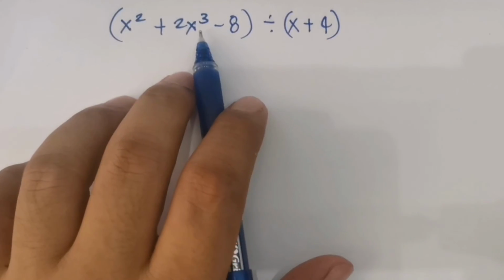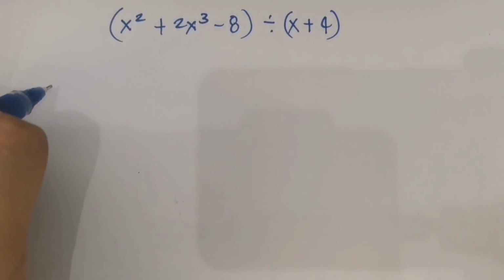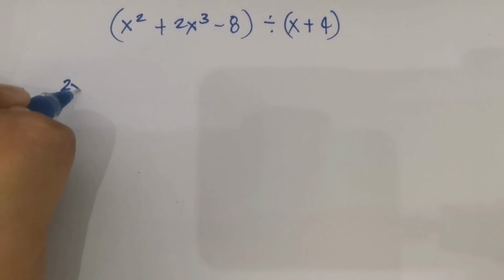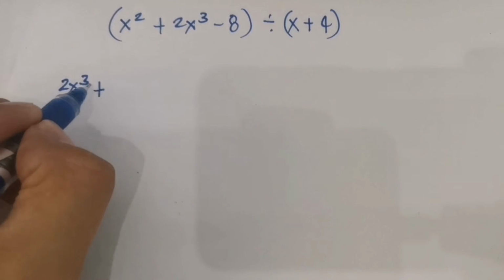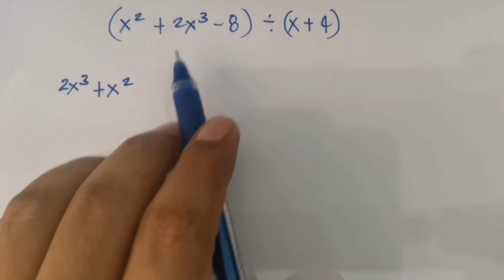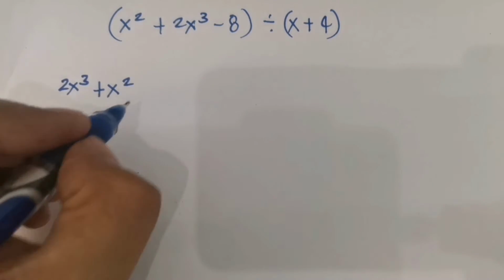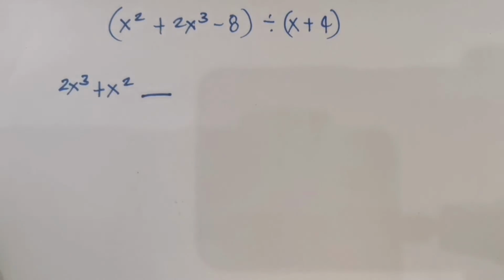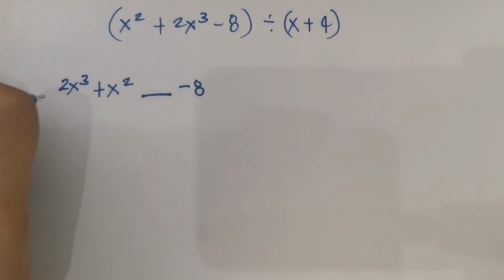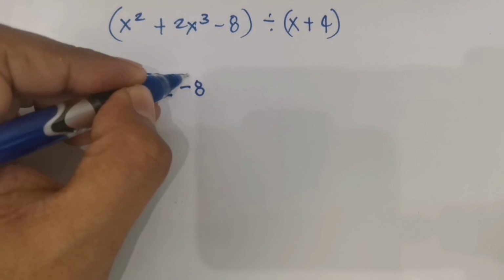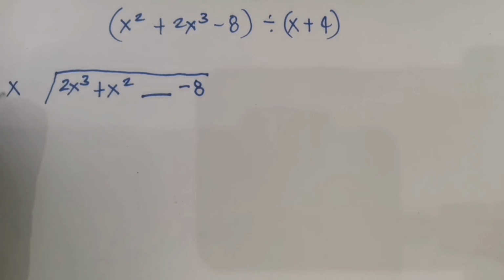So the highest degree is cube, so we will write 2x cubed as the first term. Next term will be positive x squared. Since wala tayong first degree, just leave it blank and write negative 8. Okay, so that is our dividend divided by our divisor, which is x plus 4.